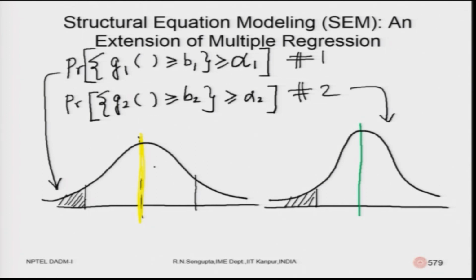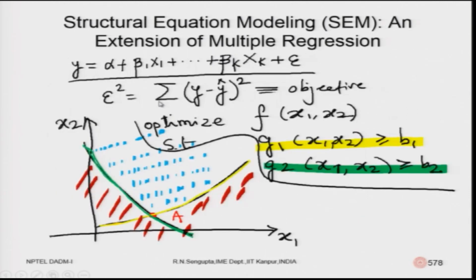Remember, the variances are different. Now, if there is a dispersion for both equation 1 and equation 2, how do we consider them? At this internal part, the area which is marked in blue is the feasible region.